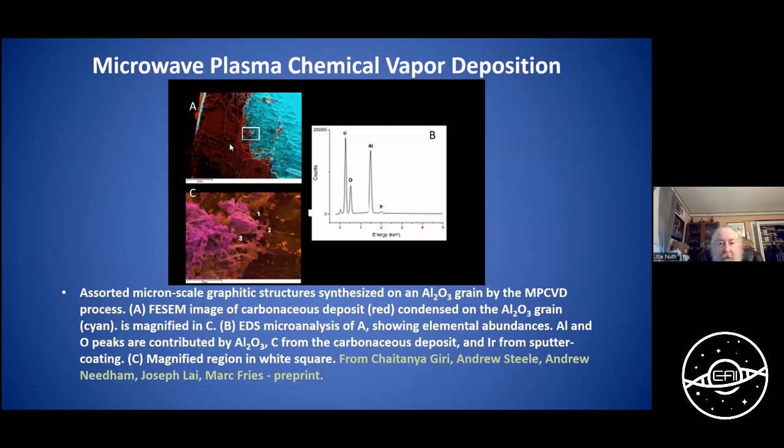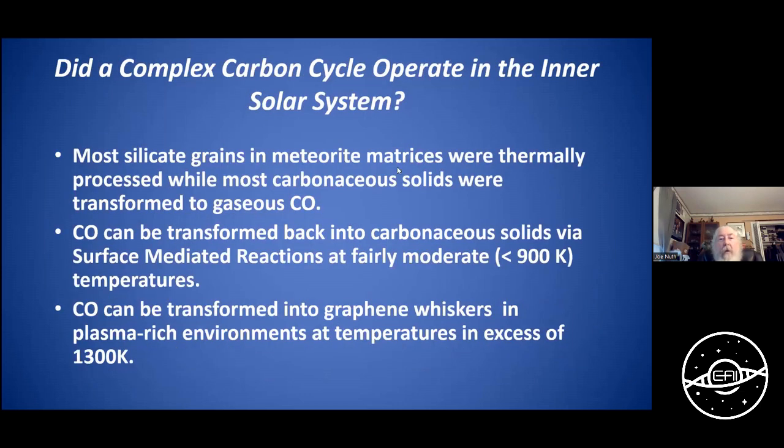The whisker contains other materials as well. The point is that at high temperatures in a plasma, you can get carbonaceous deposits of solids. So you can make carbon solids from these materials at high temperatures, but it has to have a plasma.